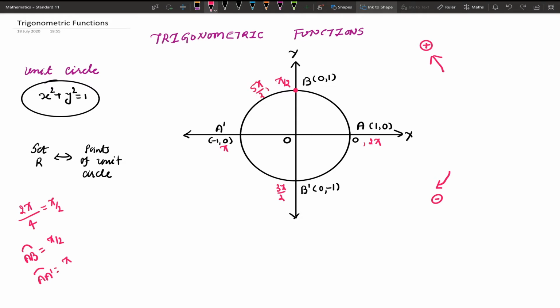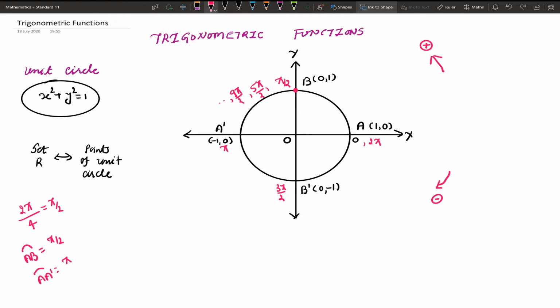If you complete another circle, then 9 pi by 2, etc. So real numbers pi by 2, 5 pi by 2, 9 pi by 2, etc. have corresponding point of unit circle B 0, 1. That point of unit circle is also known as T point or trigonometric point.